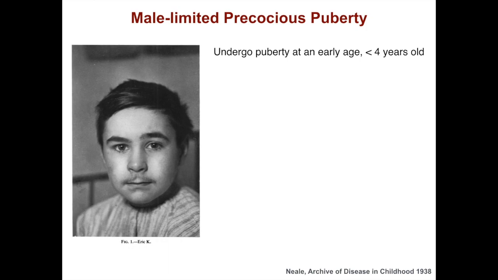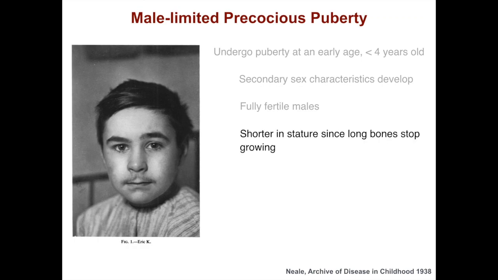Usually, people affected by this condition undergo puberty at an early age, less than 4 years old. And this is a very rare condition. The secondary sex characteristics develop. They become fully fertile males at this early age. And they are shorter in stature since their long bones stop growing.